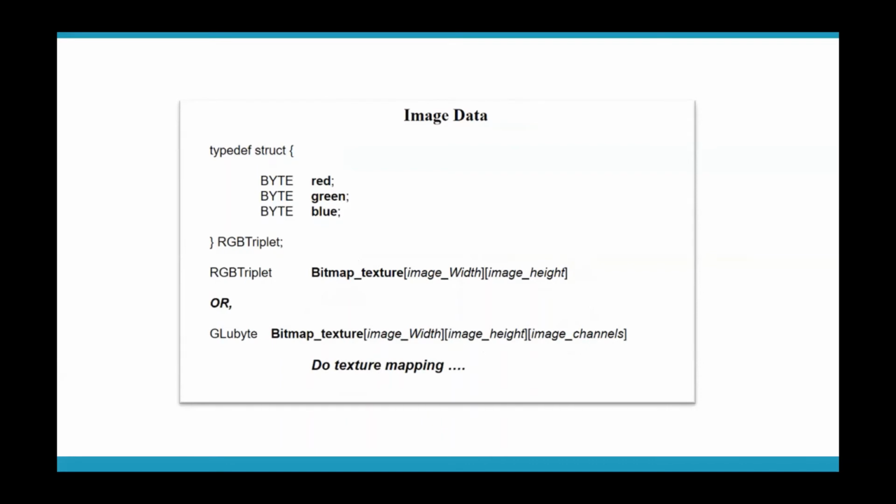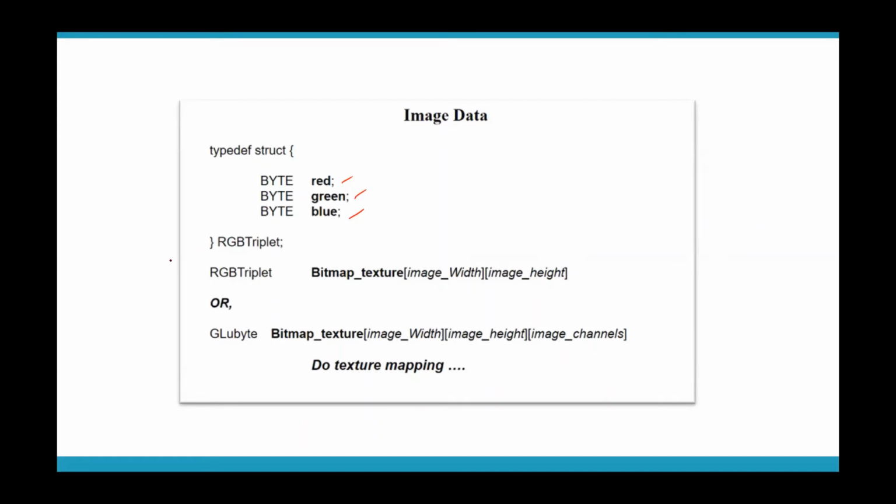Your actual image data will be represented like this. You have a structure where the RGB colors are specified. Every pixel will be represented as an RGB triplet. Whatever color you want to represent is represented in terms of RGB only.